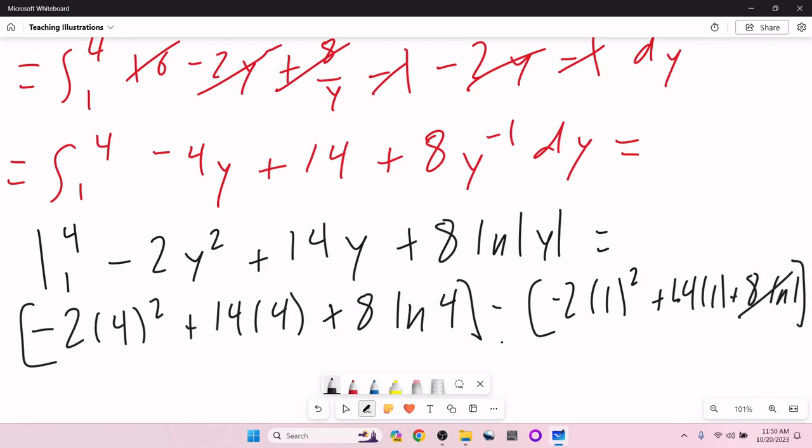Natural log of 1 is 0, so that term is gone. And so this reduces down to 12 plus 8 ln of 4. And you could simplify this in a couple ways, but I think this is fine. Eight log 4 is the same as 16 log 2, for instance, but that's no problem.